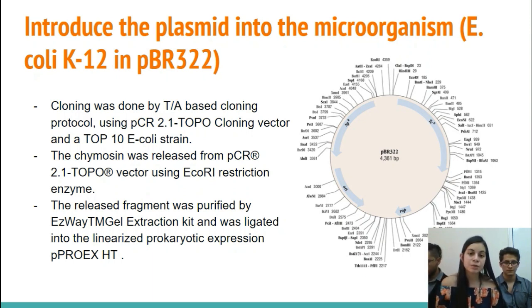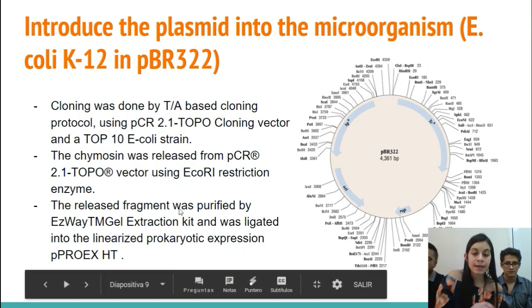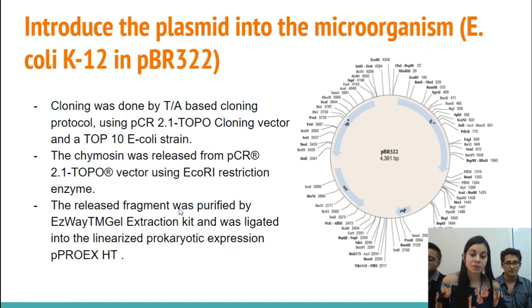The chymosin is released using the pCR 2.1 TOPO vector and an EcoRI restriction enzyme. The released fragment was purified using an extraction kit and was ligated to a linearized prokaryotic expression vector.